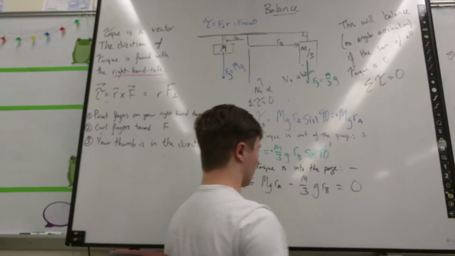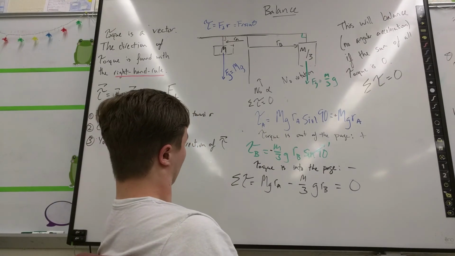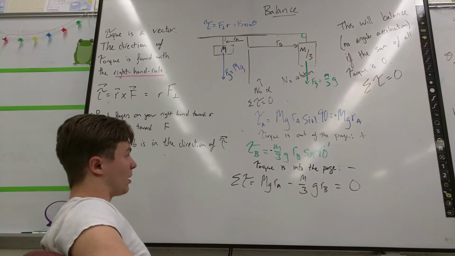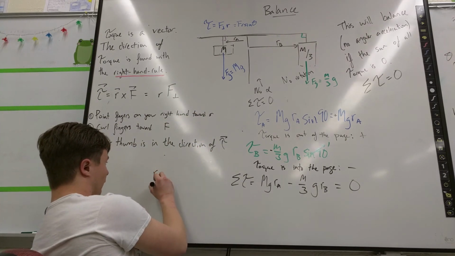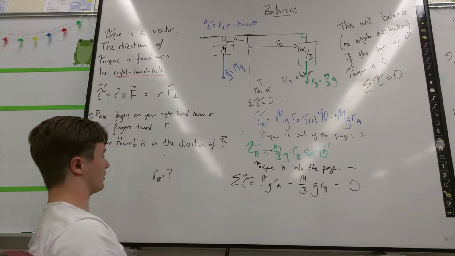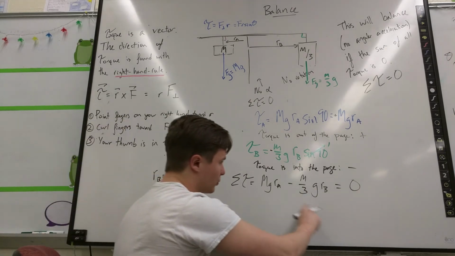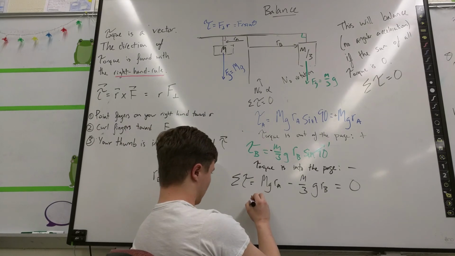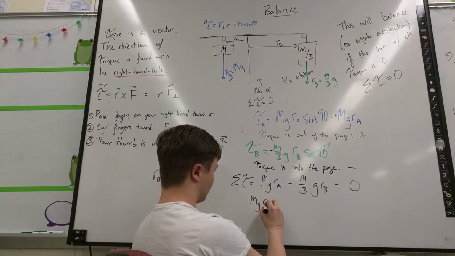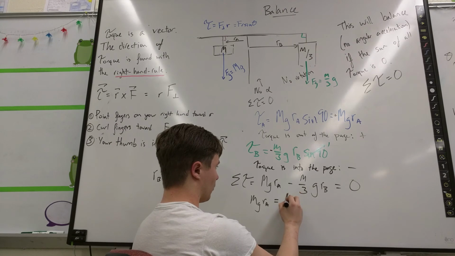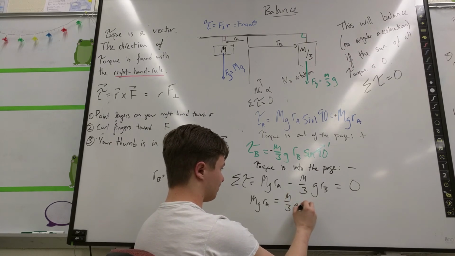I set them equal to 0. Now I could do a number of things in this situation, but maybe I want to find the distance RB in terms of RA. So I'm going to move this term over to the other side by adding it. So I get m over 3 g RB.